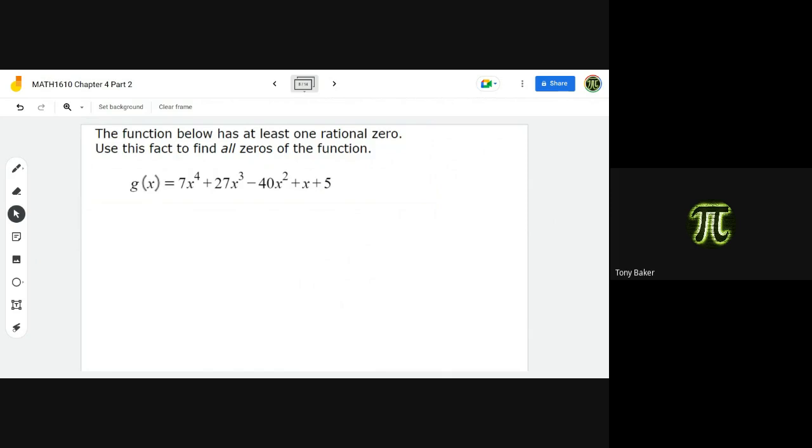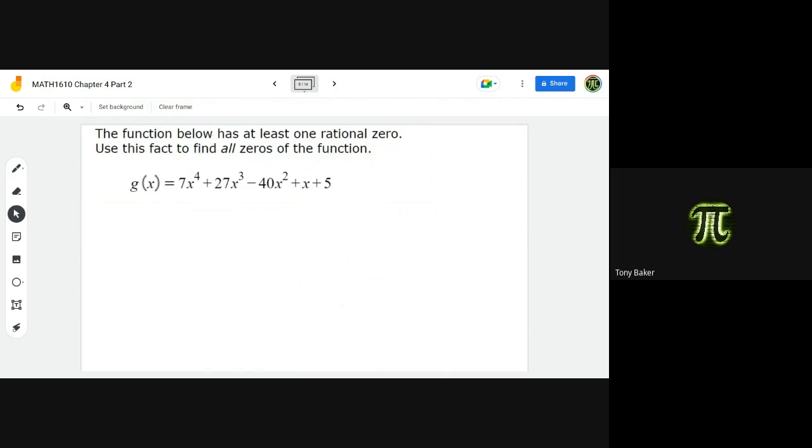Yeah, the rational zero theorem. So remember, it's always over the factors. Actually, we don't even really need to look at the leading coefficient. We just need to look at the constant. And you just want to do plus or minus that in the graph, because the biggest and smallest possible zeros you can have are -5 and 5. So I always go one more than that when I'm looking at a graph.